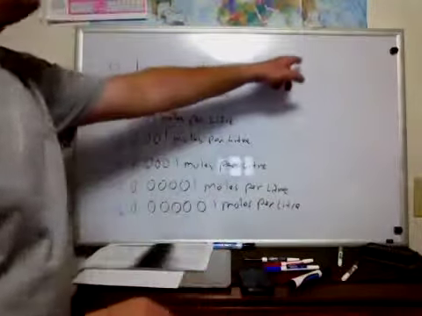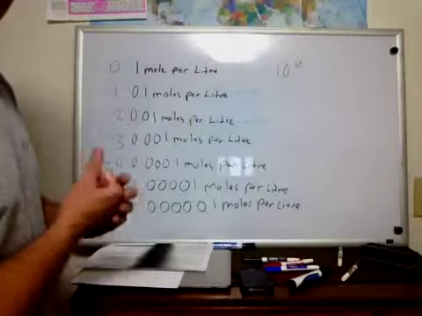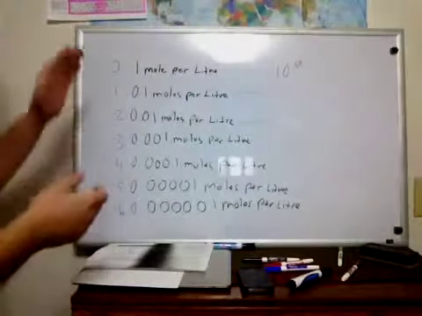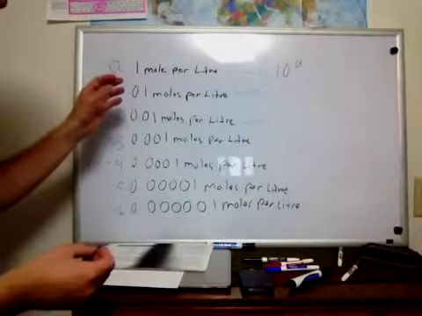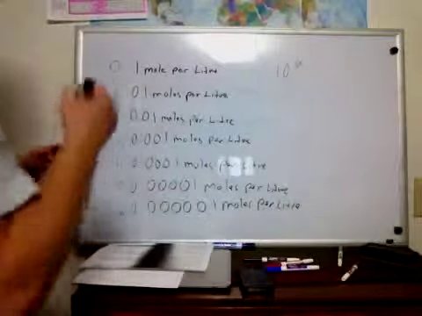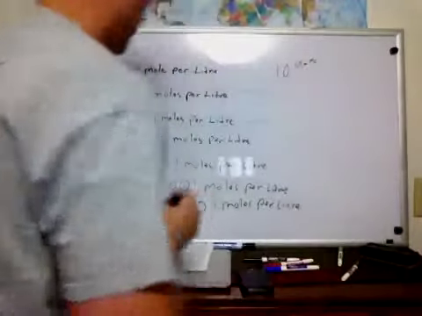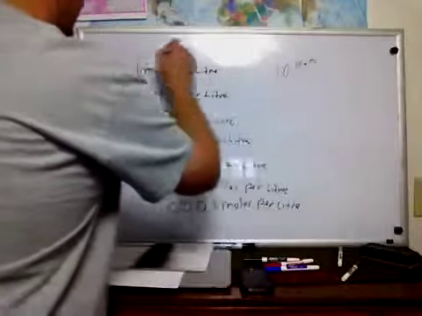So 10 to the 0, right? No power. 10 to no power gives me my 1. So that 0 is my exponent, that 0 is the log.